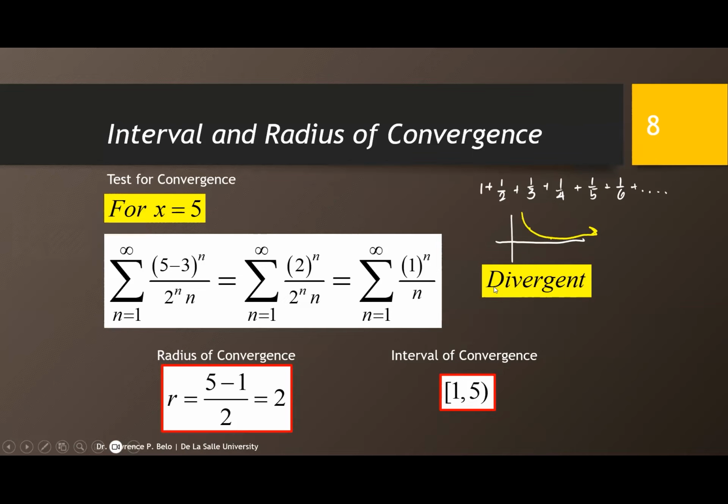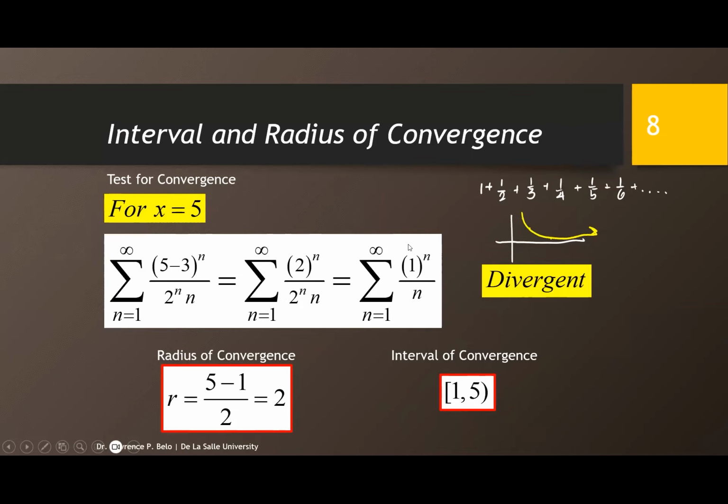So again, you have two values of x, 1 and 5. It's convergent at 1, therefore the value is included. It's divergent at 5, the value is excluded. Open parenthesis. What is it? Parenthesis. So if I ask you, the radius is still 2.